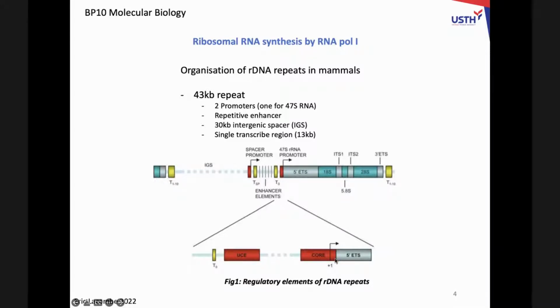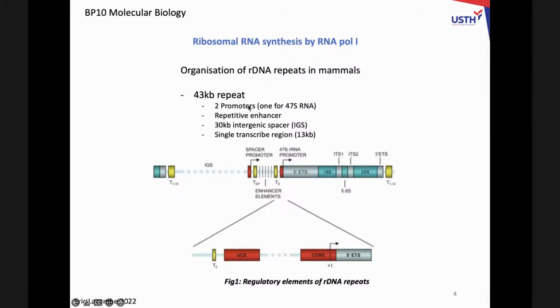Here at the bottom of the drawing, there is a zoom of this region. You can see, for example, this part, which is called T0, is this one here. The first 5' part that is transcribed is there, and then in red we've got the core promoter, and here it's not written, we've got these sequences, just there in between.